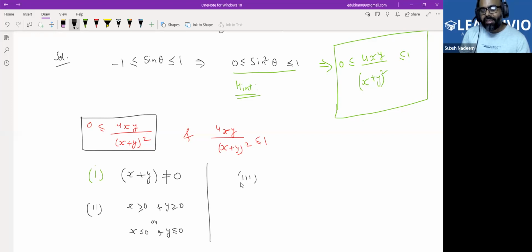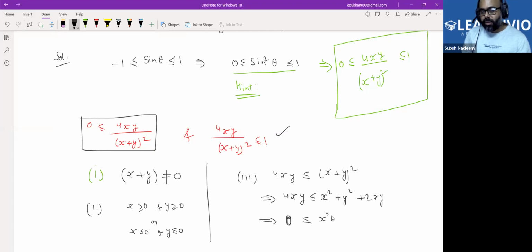Third thing is this one. So 4xy is less than or equal to, we cross multiply because it is a positive number, x square plus y square plus 2xy, which implies 4xy you can take to that side, and it will become x square plus y square plus 2xy minus 4xy, which is minus 2xy.